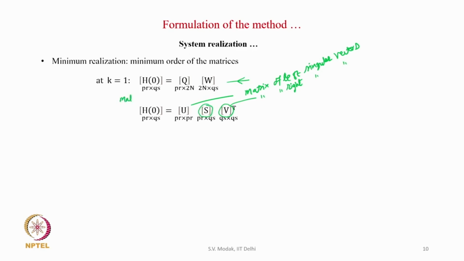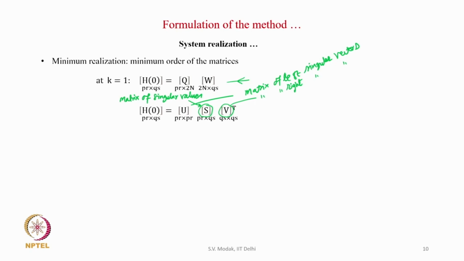And we see that the order of the singular value matrix is the same as the order of the Hankel matrix. So, it is a rectangular matrix and the size is PR into QS.